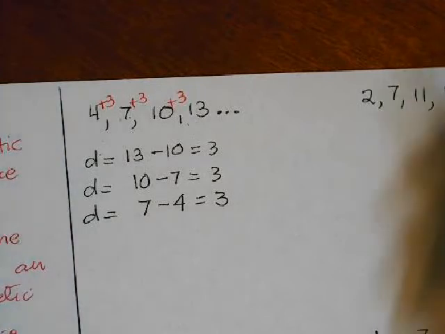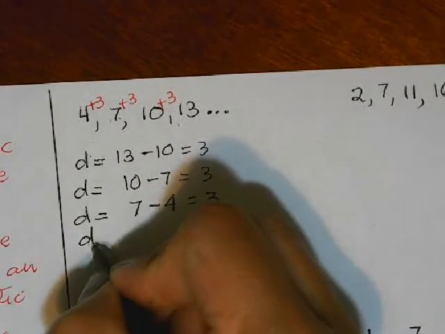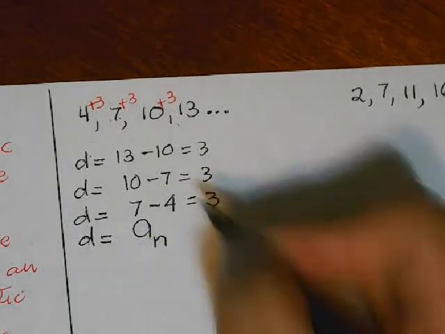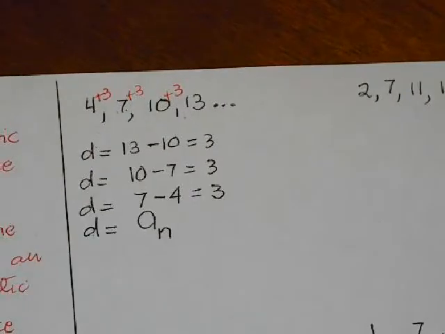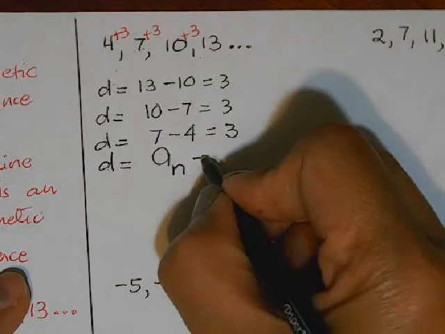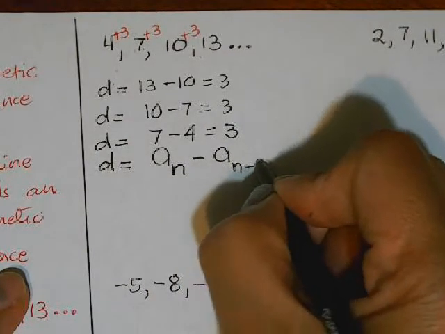So basically, in formula form, d is equal to any term, which is the way you write any term in algebra, a sub n, minus the term before that, so a sub n minus 1.